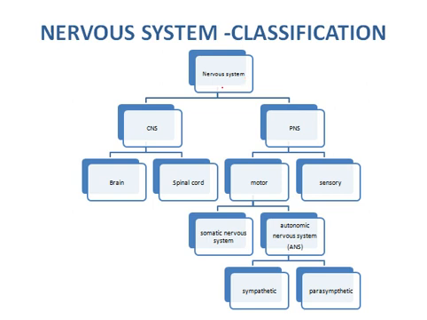The main classification is nervous system can be classified into central nervous system and peripheral nervous system. The rest of the divisions we will discuss later, but now you just understand that nervous system is divided into central nervous system and peripheral nervous system.